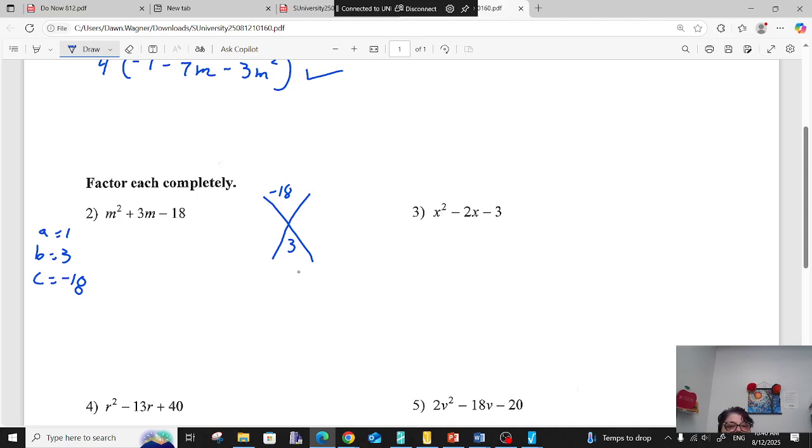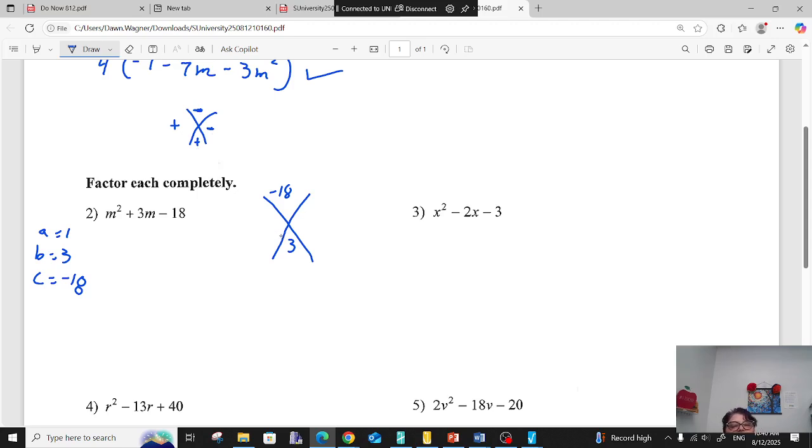Now, according to the sign chart, if I have a negative and I have a positive, the only way that's going to work is if one number is positive and one number is negative. Because negative times positive is negative. And when you add a positive and negative number, you take the sign of the bigger number, right? You still are going to be subtracting.